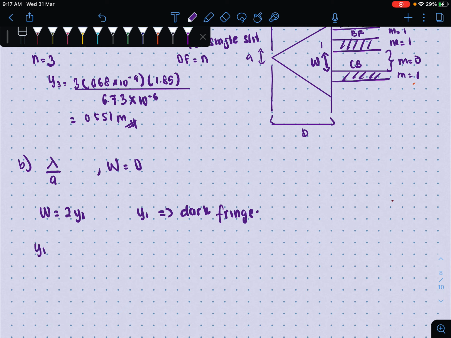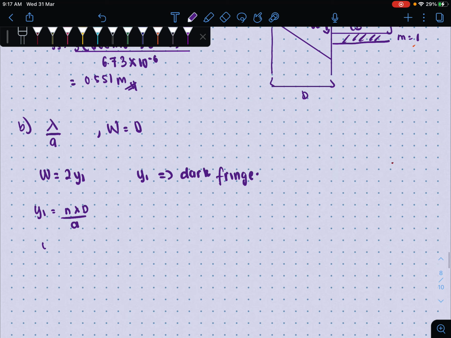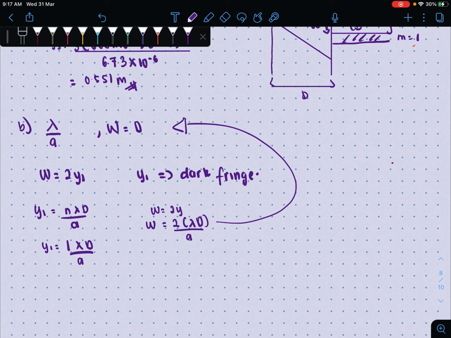Okay, Y1 dark fringe is lambda D over A. Since W is equals to 2Y1, W akan sama dengan 2 lambda D over A. Alright, this is my W. W is also equals to D, betul tak?